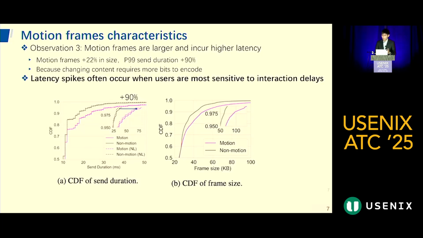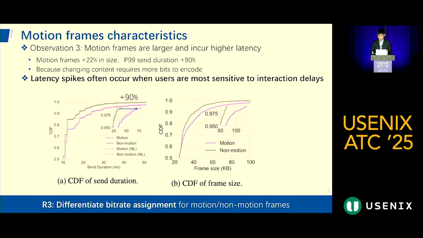Combining with our third observation, we find that latency spikes often occur when users are most sensitive to interaction delays. So this observation leads to our requirement 3, which calls for differentiated bitrate assignment for motion and non-motion frames.